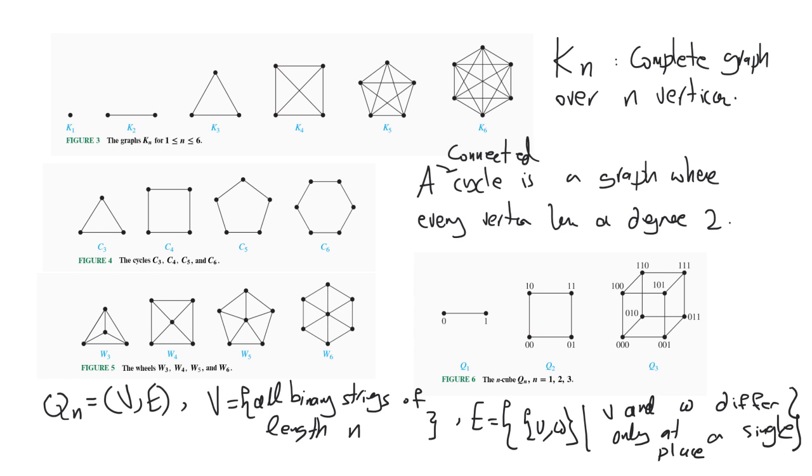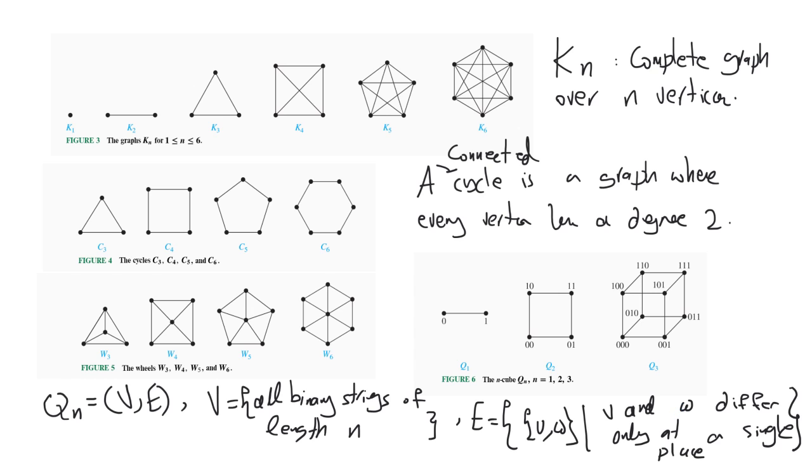For instance, here we have 100, so 100 is connected to 110. You see that a 0 is changed into 1. And 100 is connected to 101, where the last 0 is changed into 1, and on this edge the first 1 is changed into 0.